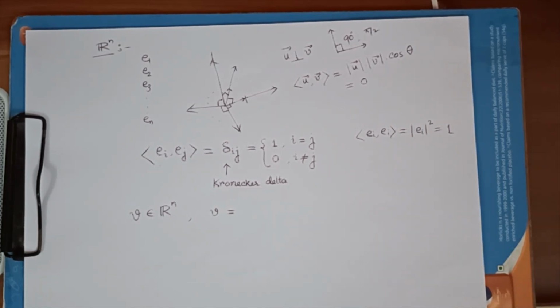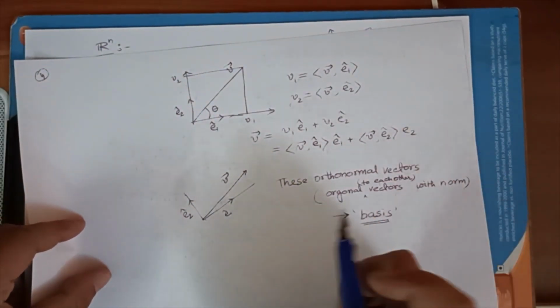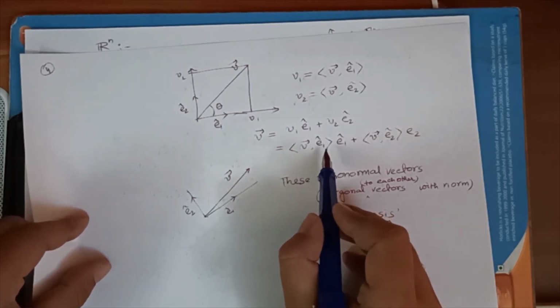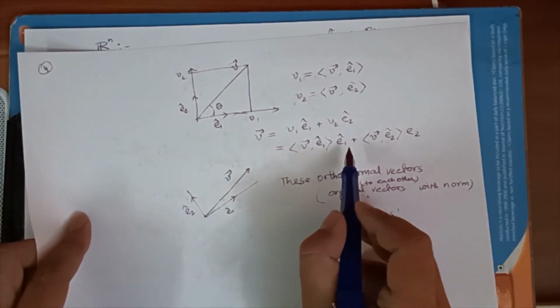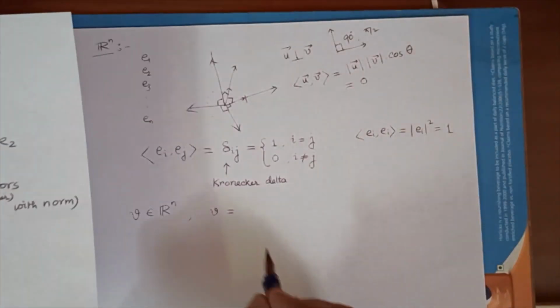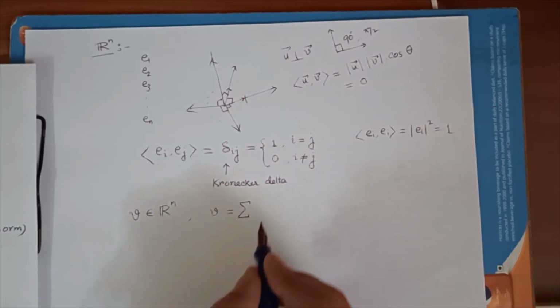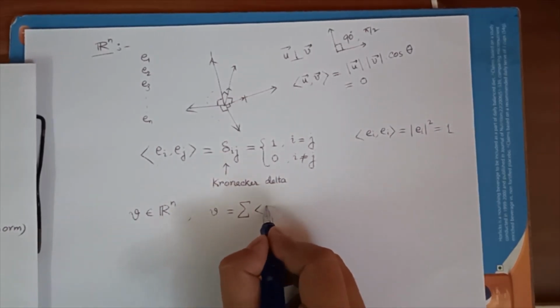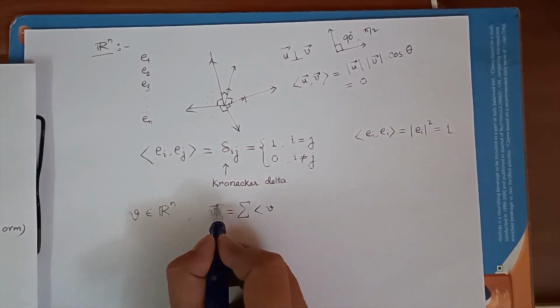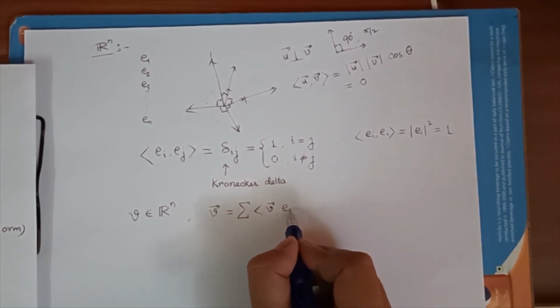The formula we obtained was this: you take the vector, compute the inner product with the basis vector, multiply with the basis vector and add on. Using that same notation, we can write that as the summation of the inner product of v, this is the vector, with say Ei.